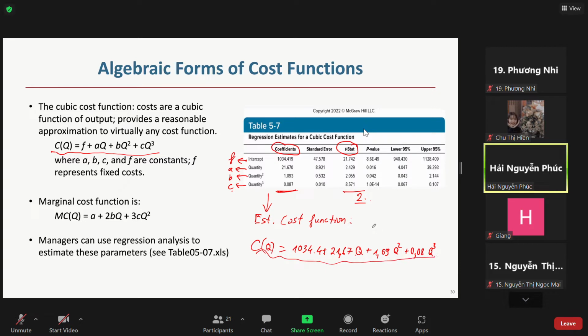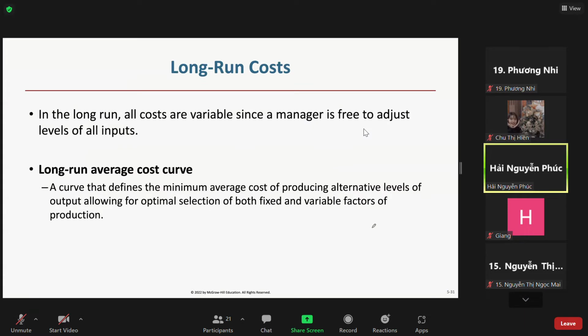So once again, using data, we can estimate the cost function and analyze how the cost of the firms behaves. The next point we are going to look at is the discussion about the long run cost.